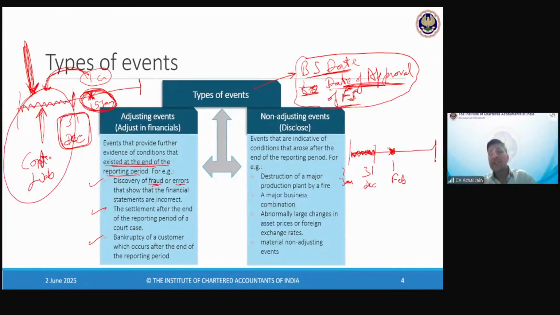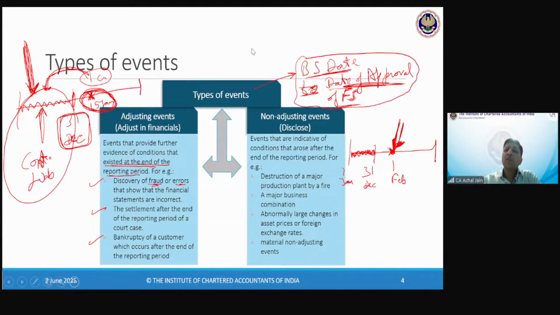AS4 says that for this event, which has taken place, you need to find out whether there was any condition. So during the reporting year, as at 31st December, can we say that the company was aware of this fire taking place on 1st of Feb?